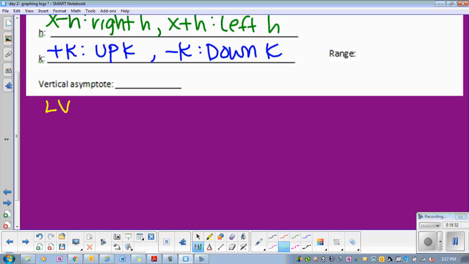But here's the point. Why LV? Because log functions have a vertical asymptote. Log functions have a vertical asymptote. That's why I think LV. And you can think E for horizontal asymptotes for exponentials.